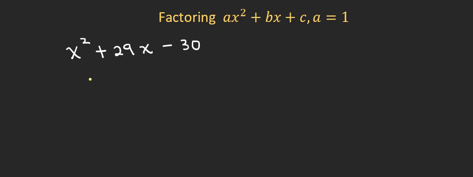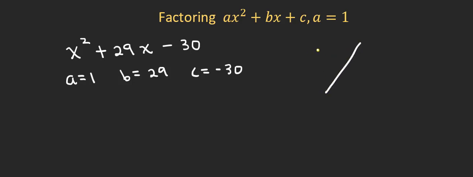Okay, let's take a look at our last example. What is a? A is 1, b is 29, and c is negative 30. Again, you might want to pause the video and try this on your own, and see if you get the right answer. So what is a times c?